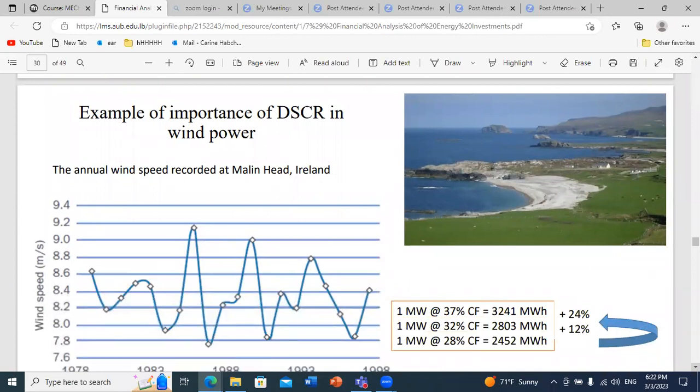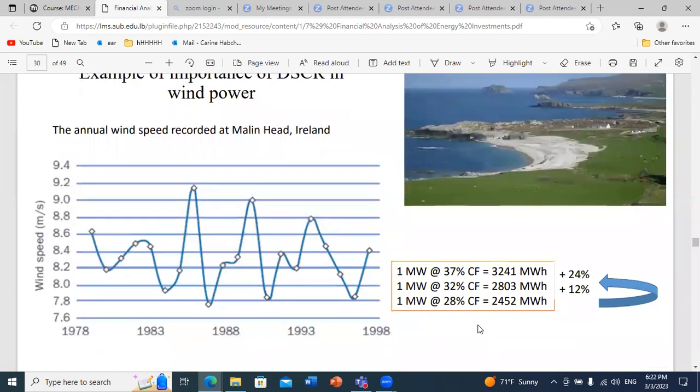We want to build a wind power plant, and we want to do the analysis of the DSCR. We will study the wind speed, and the amount of energy that can be provided by the wind power station, and then we can evaluate the total annual income, and divide it by the annual debt that we should pay in order to evaluate the debt ratio.